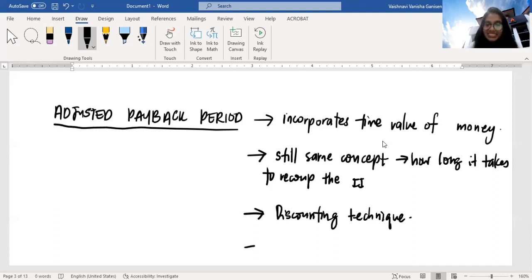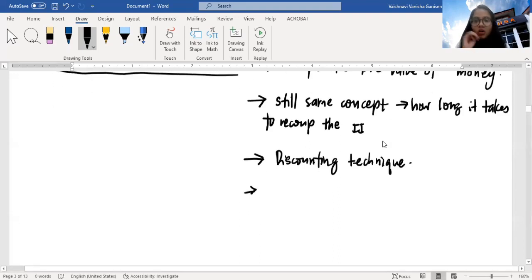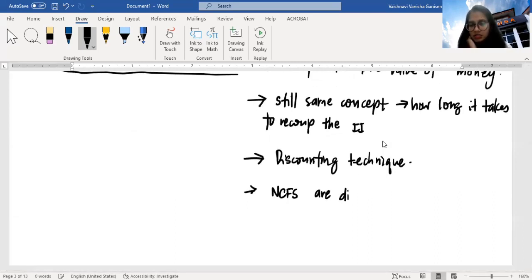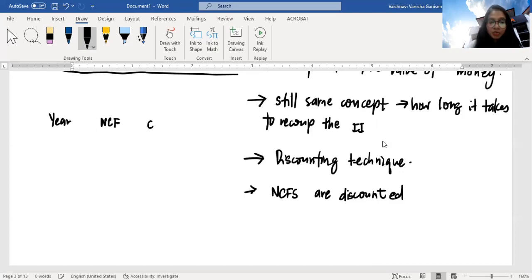When you talk about the discounting technique, you need to ensure that all your net cash flows are discounted. So remember, in your payback period, you had 3 columns: year, net cash flow, and cumulative cash flow. This is your table for the payback period.